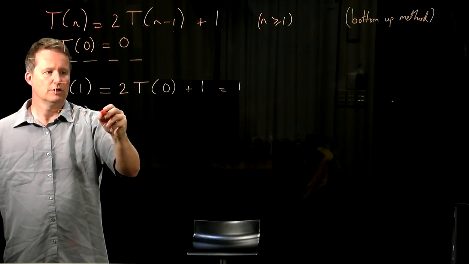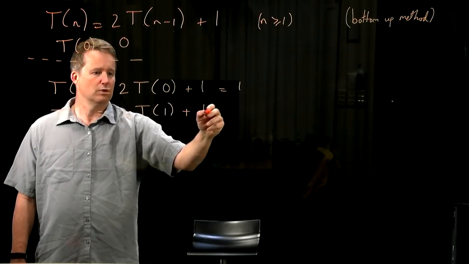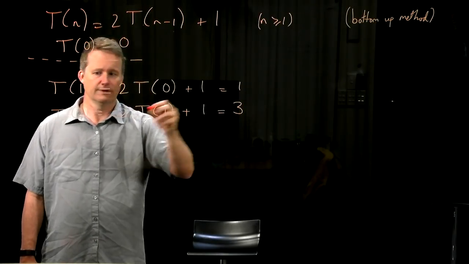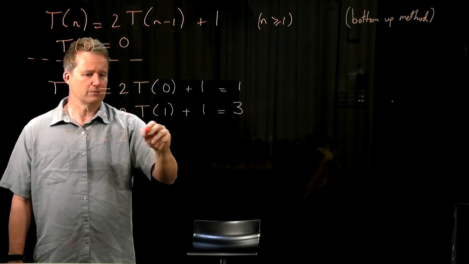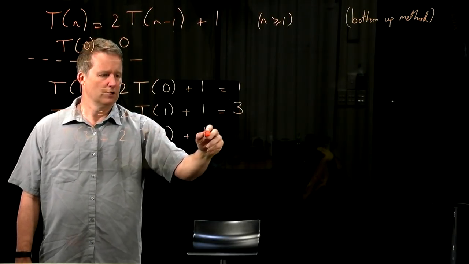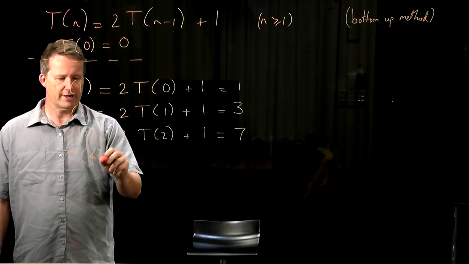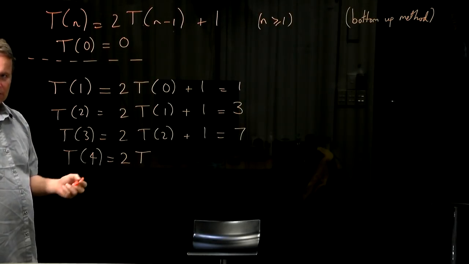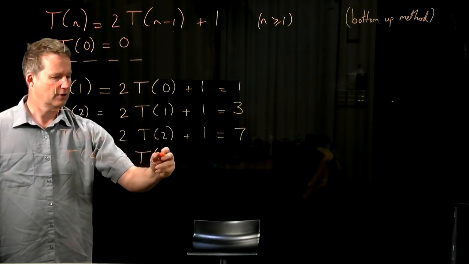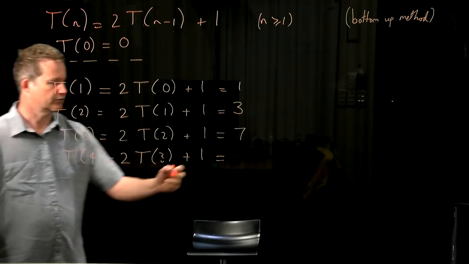T of 2 is 2 times the last value plus 1, which is 3. T of 3 is 2 times the previous value. And I think you can see a pattern already. I'll do one more. T of 4 is 2T of 3 plus 1. That's 2 times 7 plus 1 is 15.